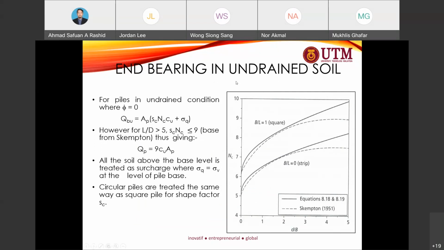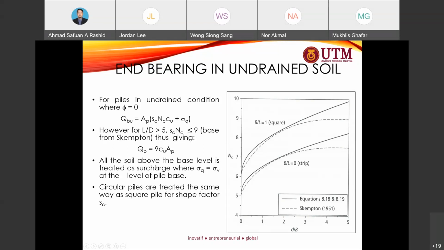So for a pile in undrained condition, where phi is equal to 0, this is the formula. However, for L over D greater than 5, there will be changes depending on this L over D, and SC over NC.